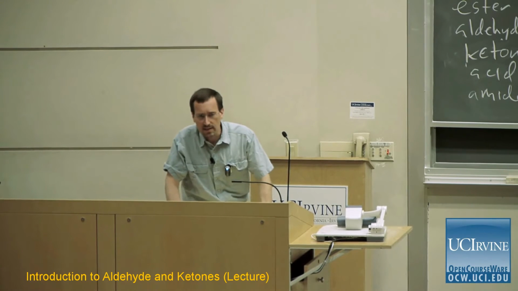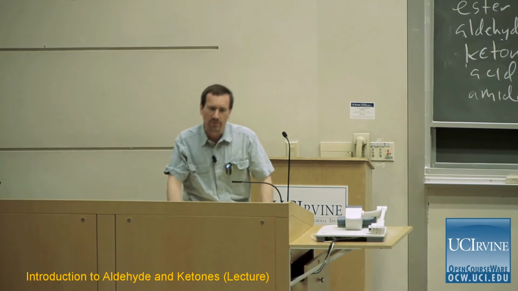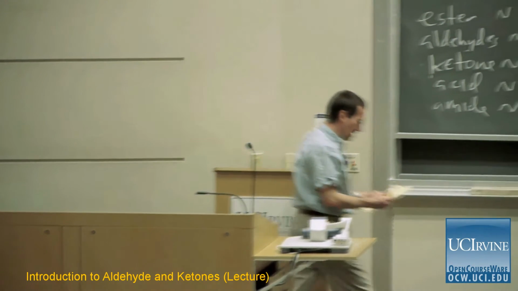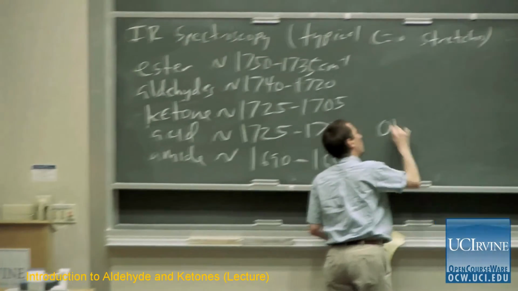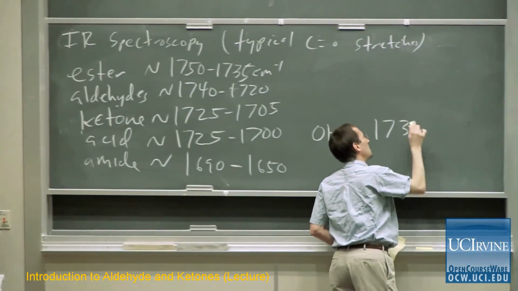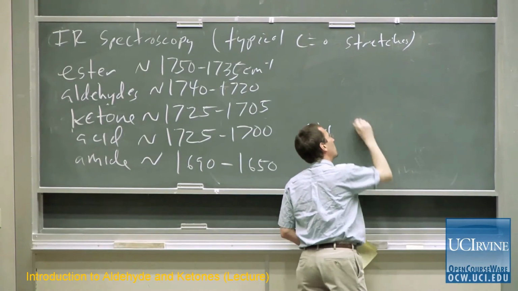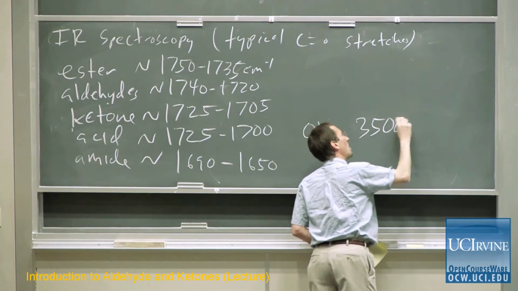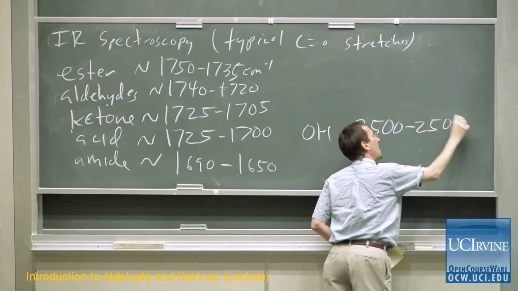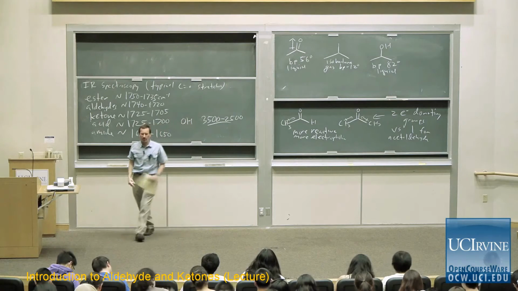But a carboxylic acid has a very pronounced OH stretch that's really broad, from about 3,500 to about 2,500. Remember, I drew it out for you before.